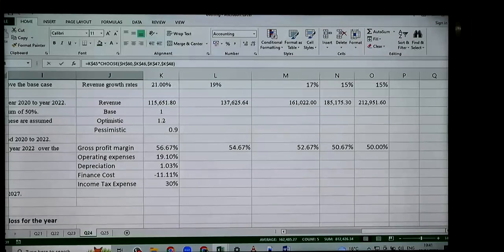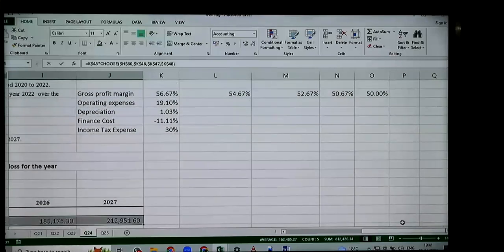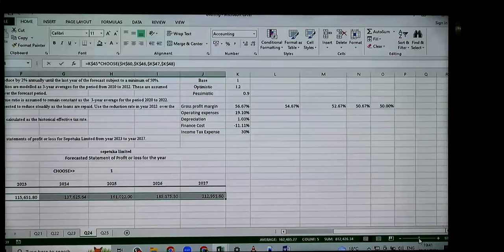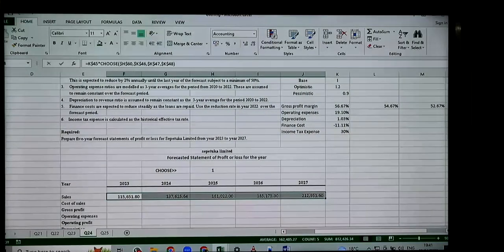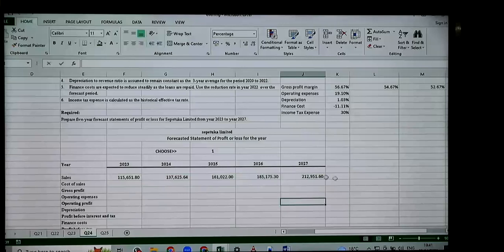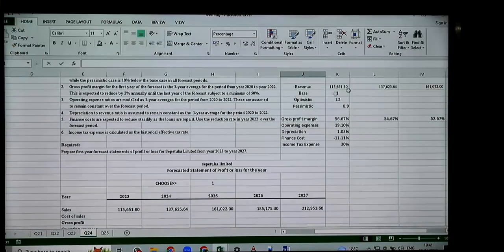Let me just reduce a little bit so that it's visible clearly on a wider screen. You can see these values are just the same values up here. But when I change my scenario here, let me say I put scenario 2, which I've indicated is the optimistic case, so it must be above.